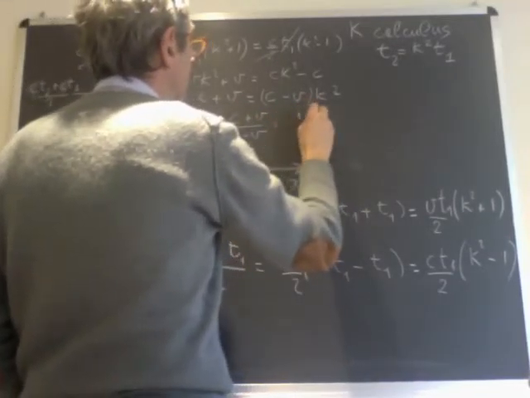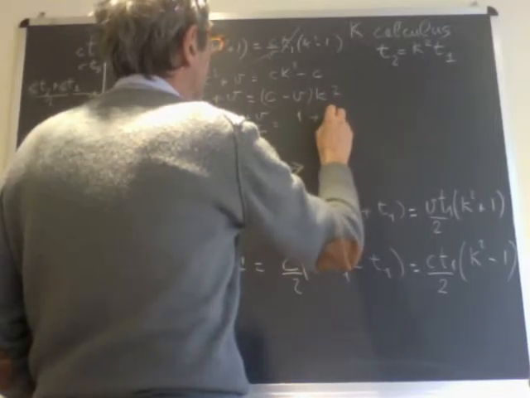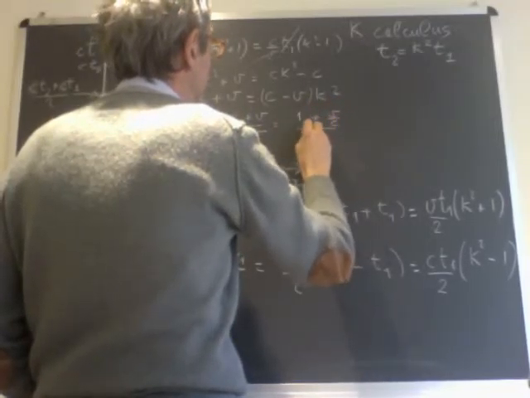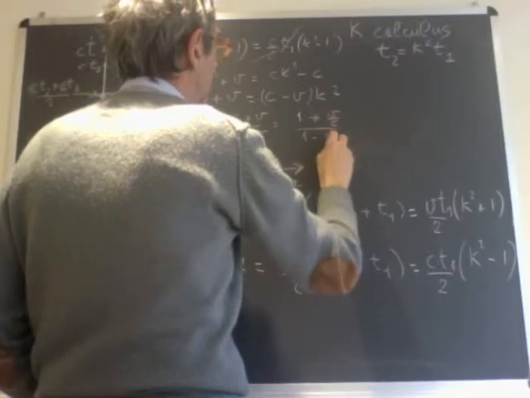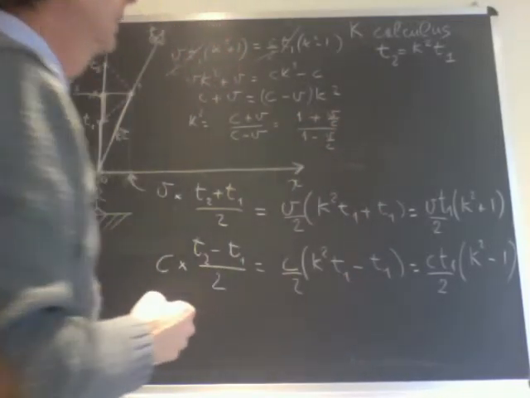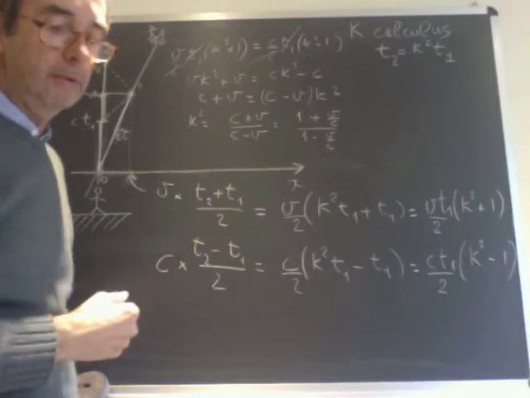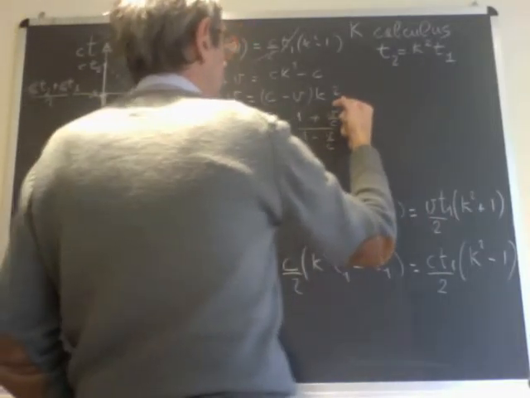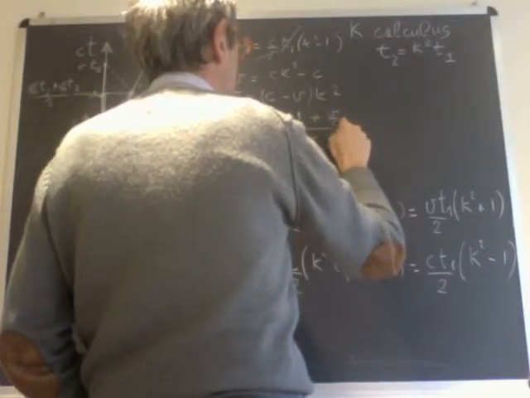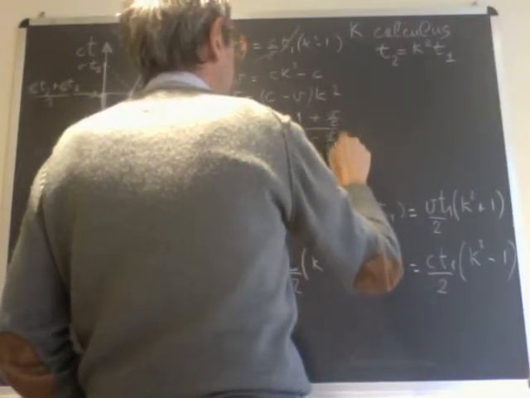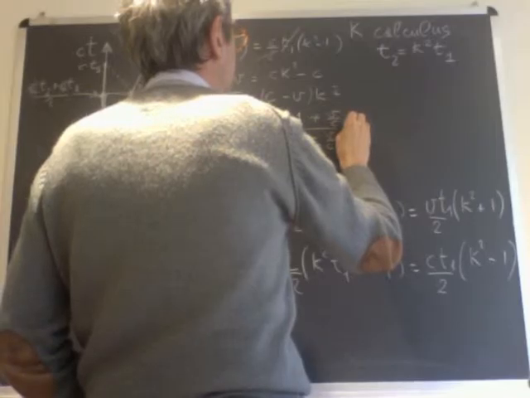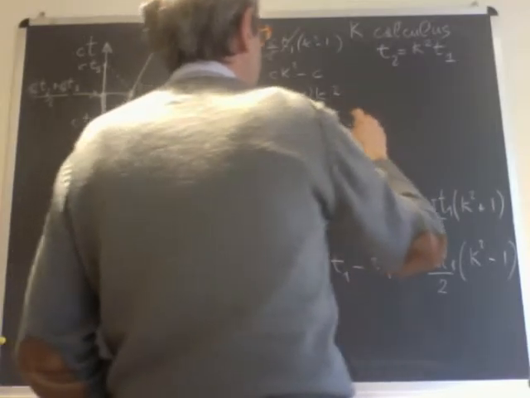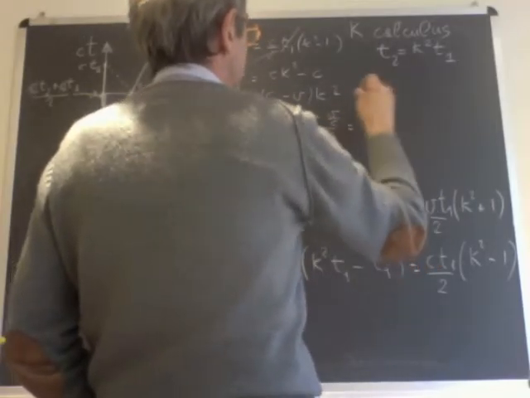So this is equal to 1 plus v over c divided by 1 minus v over c, and let me multiply above and below by 1 minus v over c.